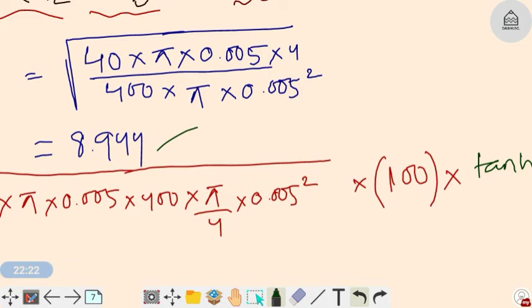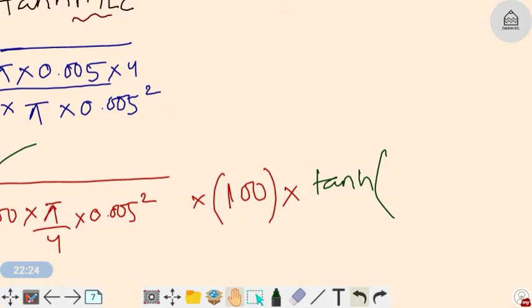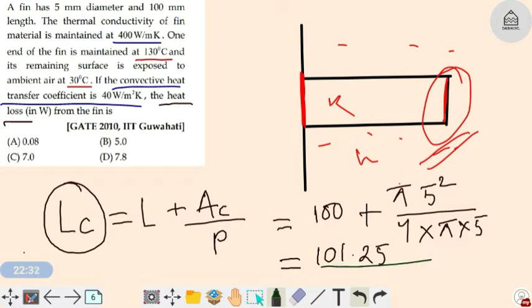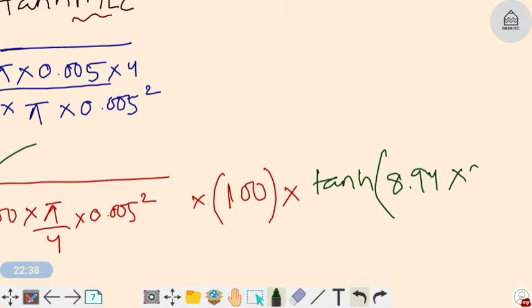Here 8.94 into Lc. Lc is 101.25 mm, which in meters is 0.101. Okay, this much is enough.